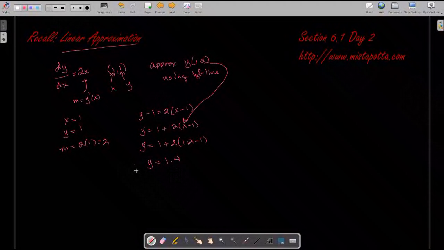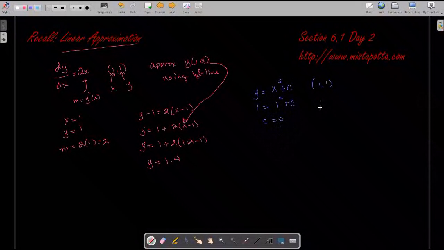Now, I'm being a little bit disingenuous when I talk about this being a difficult differential equation. The antiderivative of 2x is going to be a family of functions, x squared plus c. And if I want my y equals x squared plus c to pass through the point 1, 1, I certainly can substitute and solve for c.